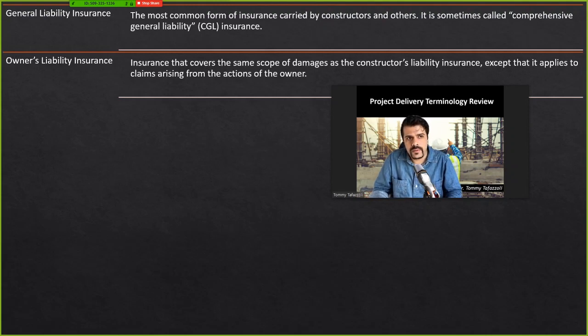Most of the time, when something bad happens to outsiders of the project, for example, a pedestrian who got injured because of something related to the project, that pedestrian would sue the owner and the contractor. Okay, so they would sue everybody.